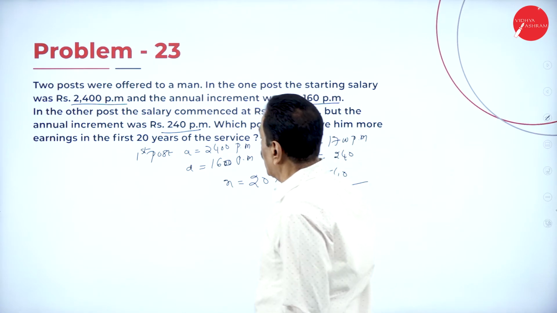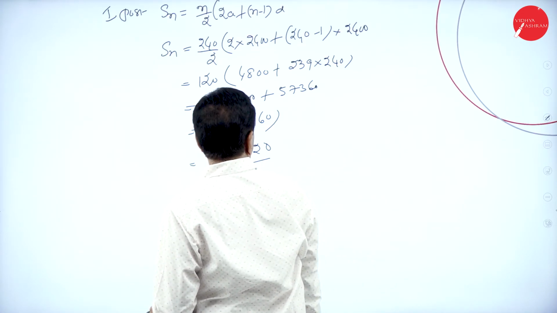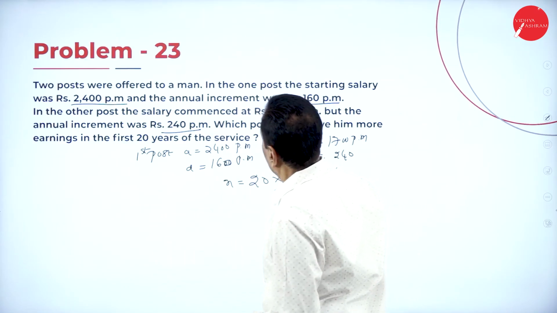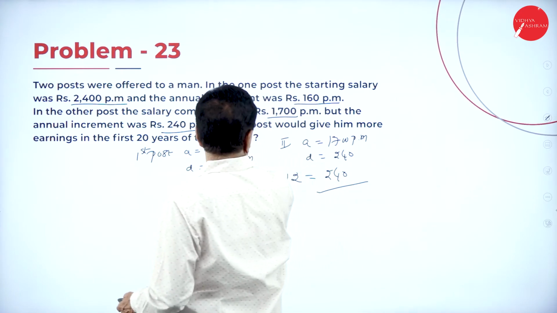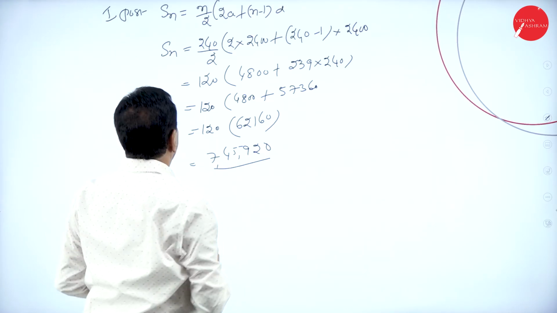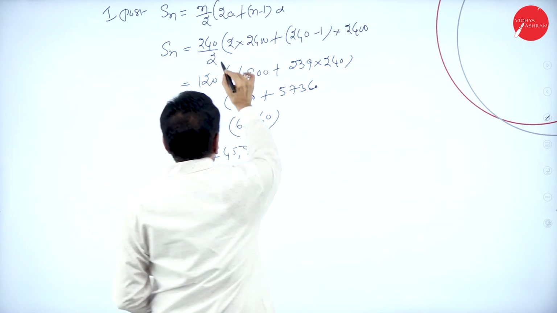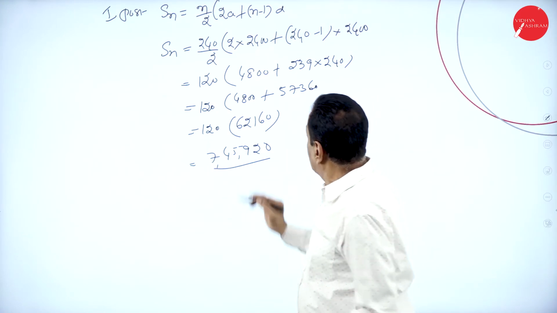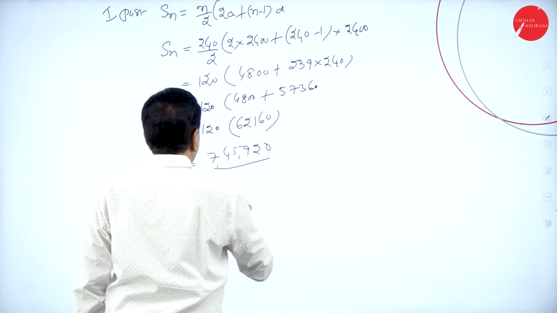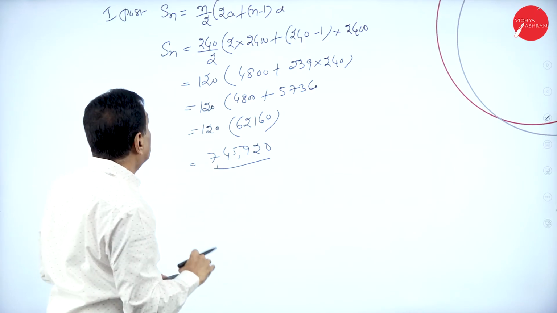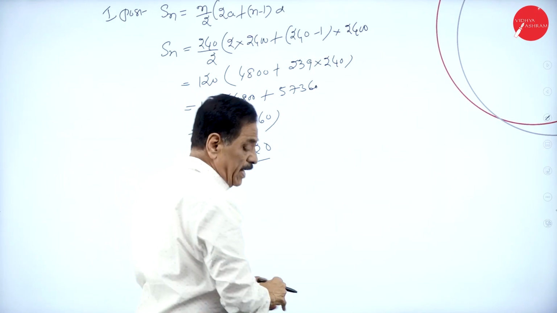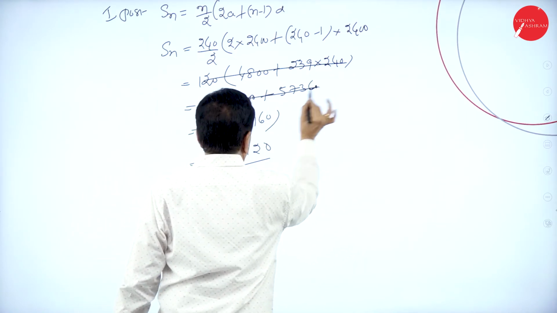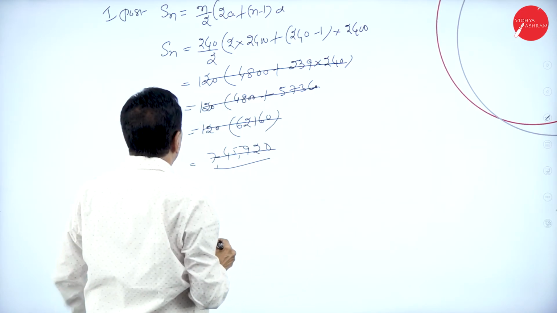The annual increment here is 160 per month. Here it is 239. Simple mistake here. So what's your annual increment here? 2400. Small mistake. This is correct.